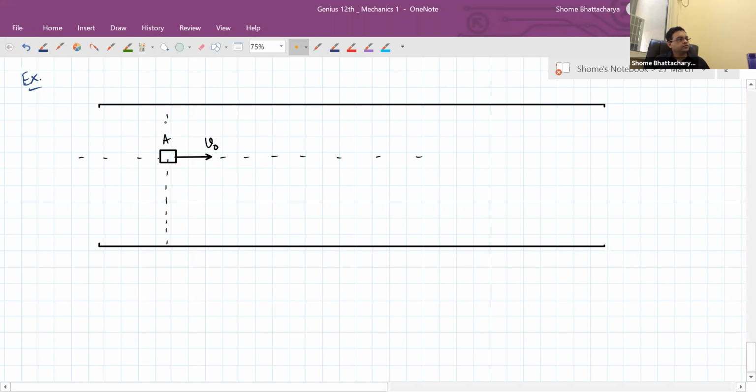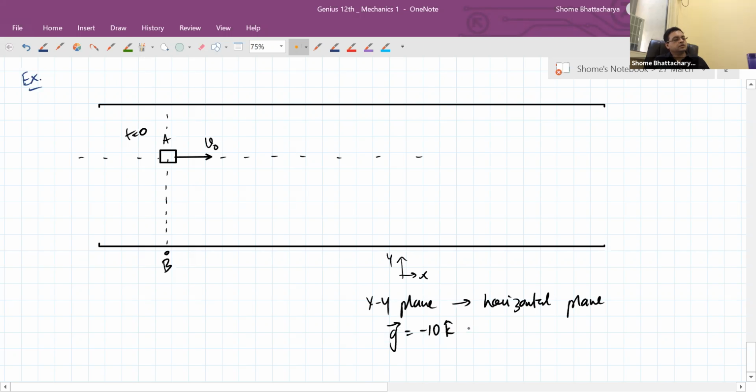This is the position of the object at t equal to 0. The xy plane is the horizontal plane, so the acceleration due to gravity is minus 10 k cap meters per second square.